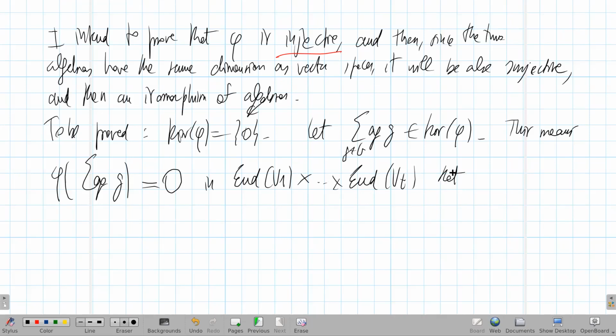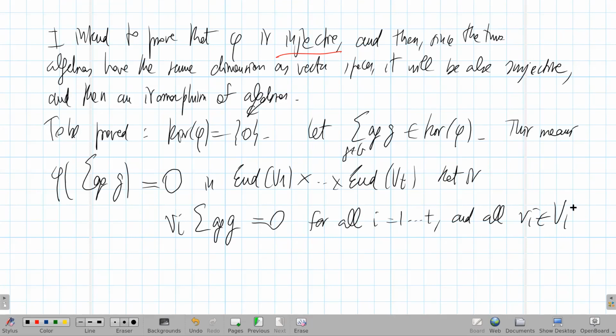What's the 0 here? Well, the 0 map is the map that sends every vector to 0. That means that the sum over G of the element applied to vi equals 0 for all i from 1 to t, and all vi in Vi. As we see, the advantage of using the group algebra notation, the module notation, is that we avoid errors. It's easier. Good.